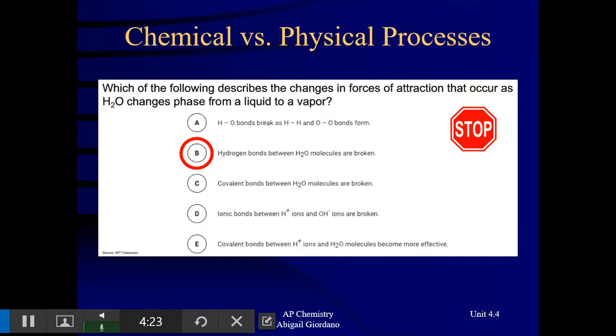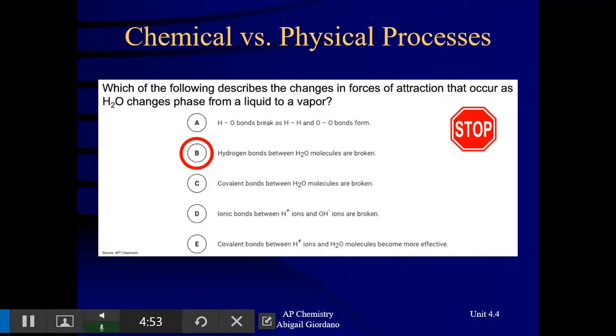Letter E doesn't really even make sense. Covalent bonds become more effective. That doesn't even make sense. And actually, letter C doesn't make a lot of sense either because what is existing between H2O molecules is not even covalent bonds. Now, just remember, guys, even though letter B says hydrogen bonds, remember that in my PowerPoint presentation, I put the word bond in quotation marks.